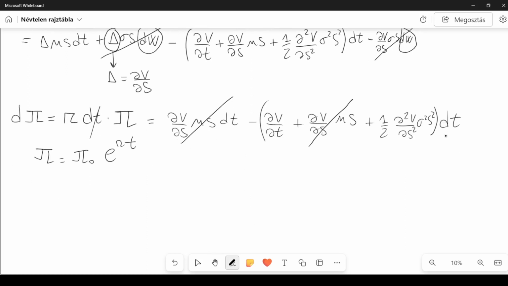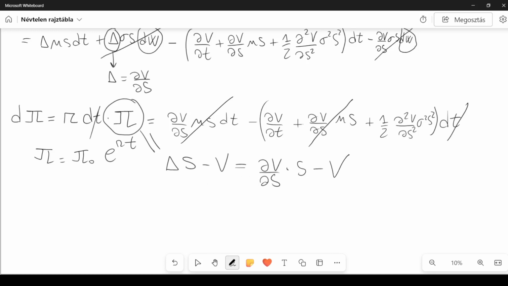So this dt will cancel this dt here, and by replacing pi with its definition, which is, if you recall, delta s minus v, but delta is equal to dv over ds times s minus v.